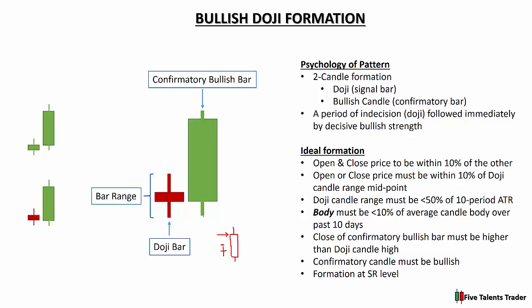And the best place to see this, and the best formations, ideal formation for this, is for this to happen at a level of support and resistance. When that happens, it is clear indication that there was indecision. So price would have been coming down like that, and it got to this point and slowed down at this level here.